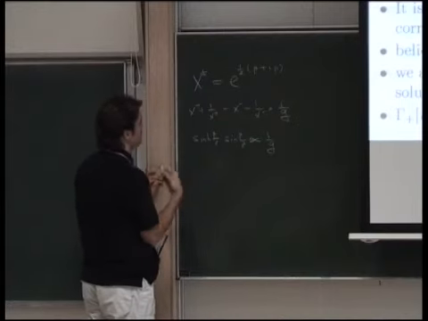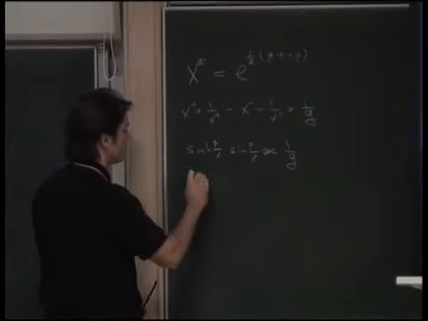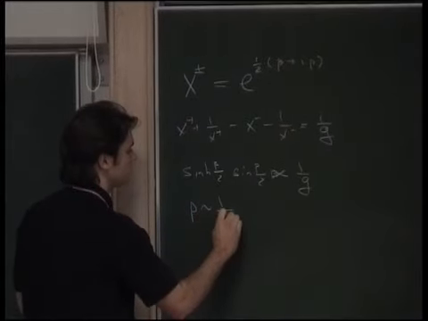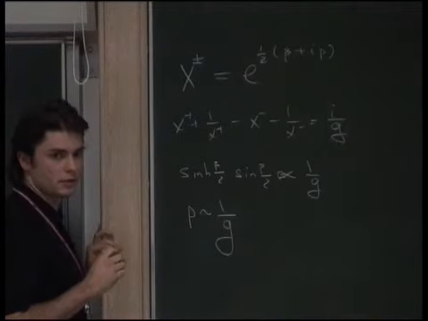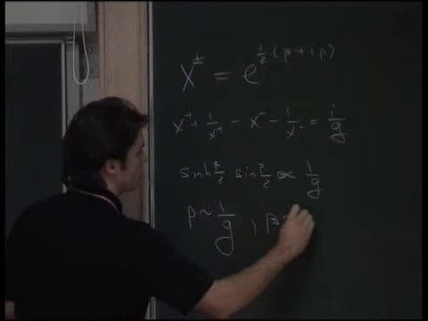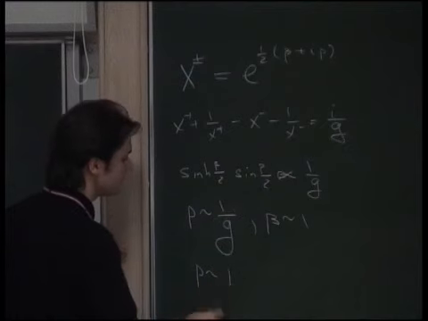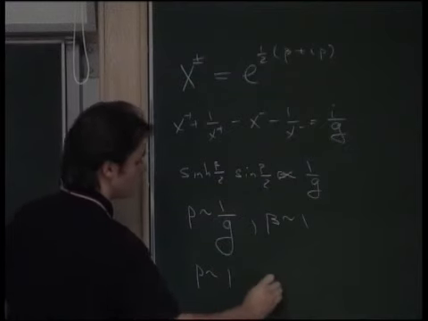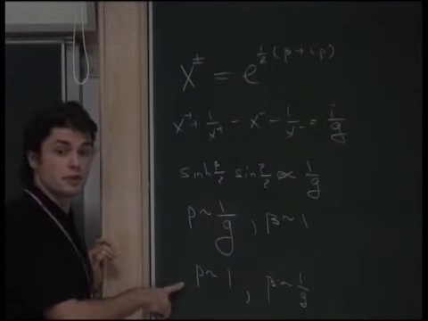Now I see that I go to g big. This can mean the following: either p proportional to 1 over g, which will be the plane wave limit; or beta proportional to 1; or p proportional to 1 and beta proportional to 1 over g, which will correspond to the giant magnon region.